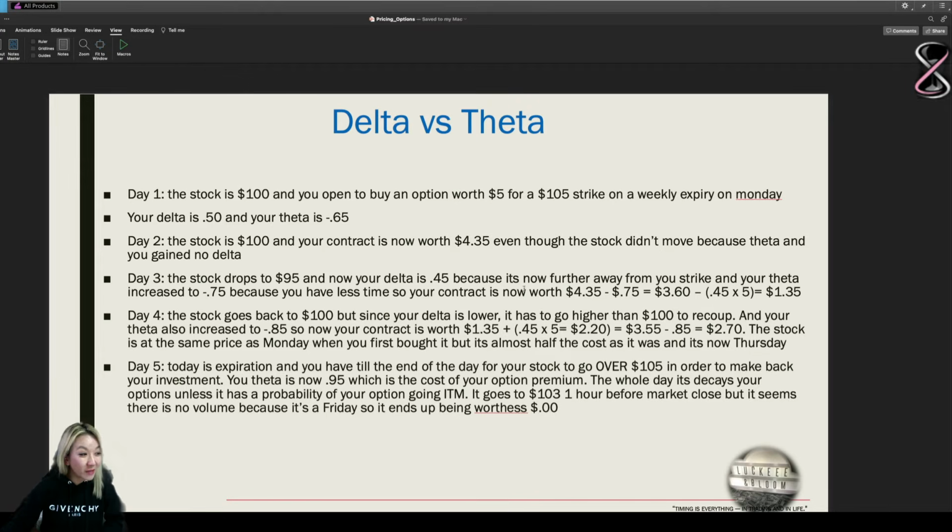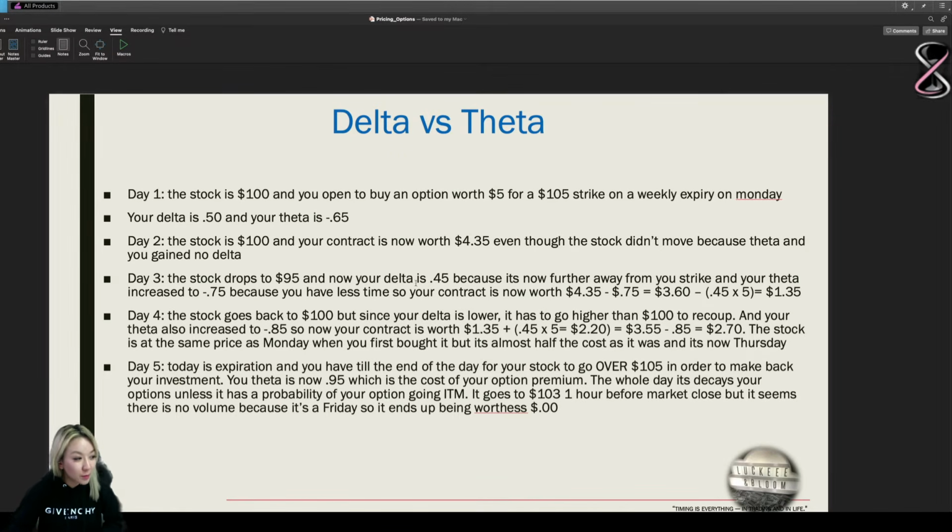So your contract that was $5 lost 65 cents the first day, to 4.35. Now it's losing 75 cents the second day, another 75, which brings it down to $3.60. But not only that, your delta: every dollar move, your option loses whatever the delta was, right?